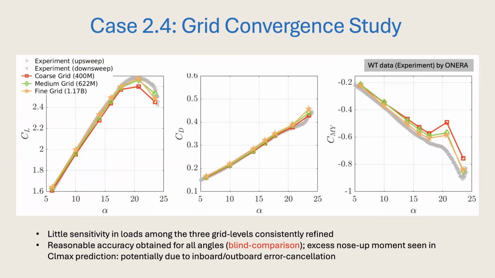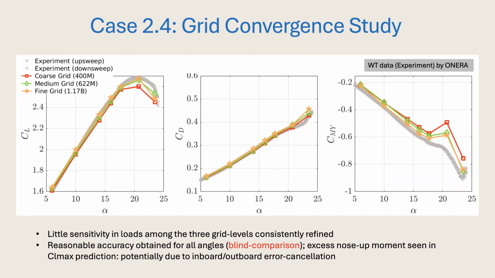And then the grid convergence study, these are all blind comparisons. So the ONERA wind tunnel data has not been released to the participants or any TFG leads. So in the grid resolution studies, red is the coarse grid, then medium and fine grid.